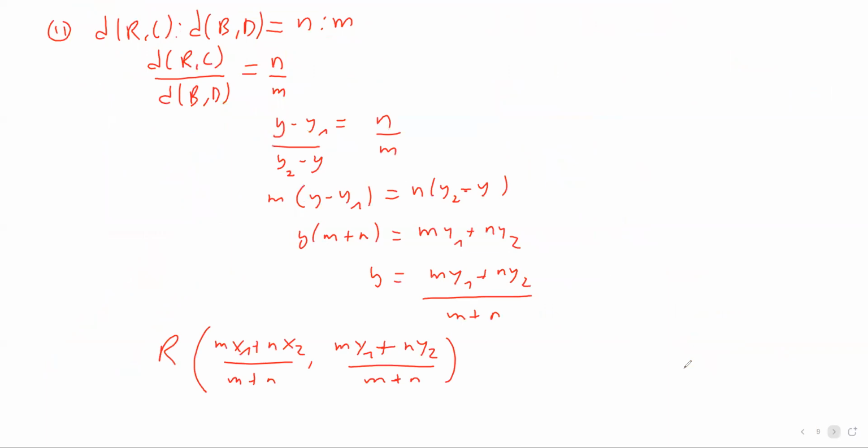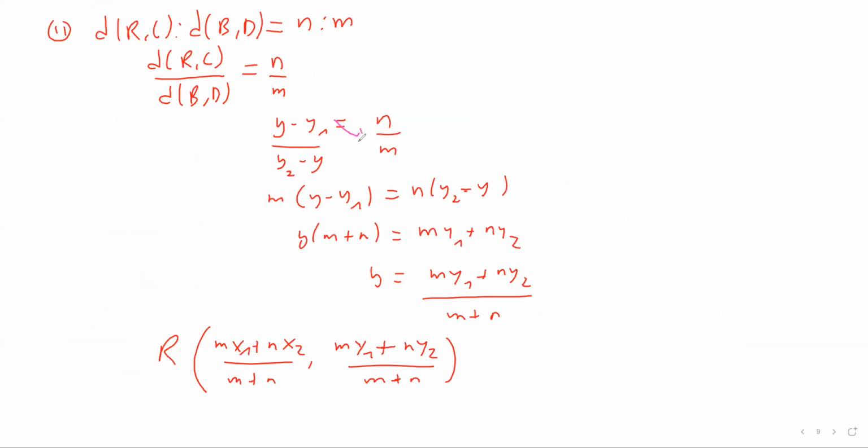Then when you do that, you simplify them, and you get x to be mx1 plus nx2 over m plus n. And then similarly on the y-axis, you have the distance RC proportional to BD, which is equal to n over m. And then again, you do your algebraic manipulations.